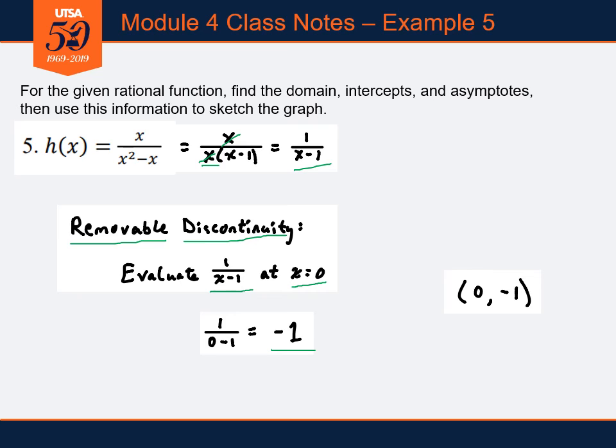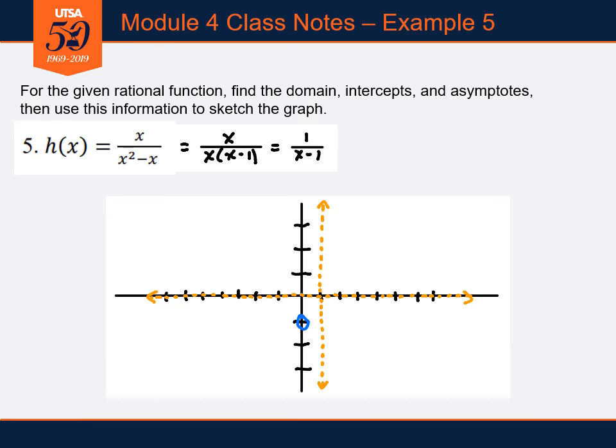It is where the hole in the graph ends up being. So I've got a hole in the graph at (0, -1), and a couple of asymptotes that we can sketch, and I've done that here. There's the horizontal asymptote y equals 0, the vertical asymptote at x equals 1, and a hole in the graph. So the graph exists around the point (0, -1), but not at the point (0, -1).